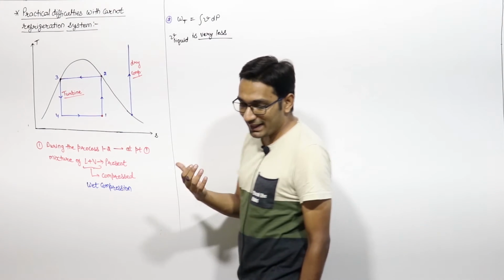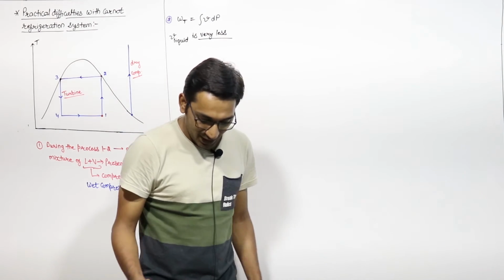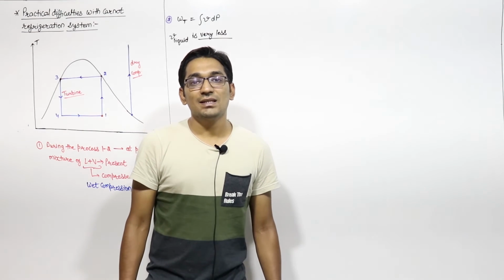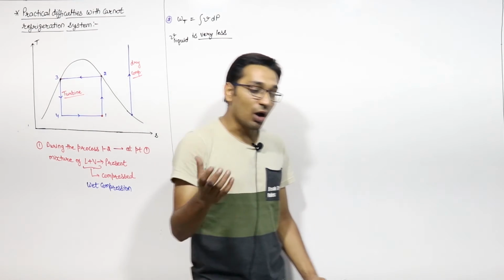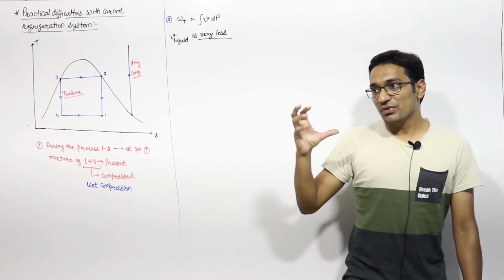The reversible isothermal process for heat addition and heat rejection is not practically possible, because that process is very slow.